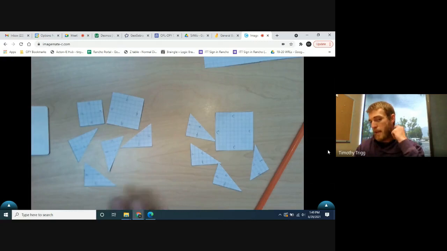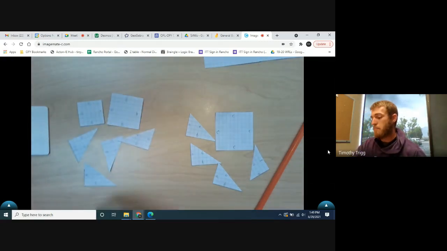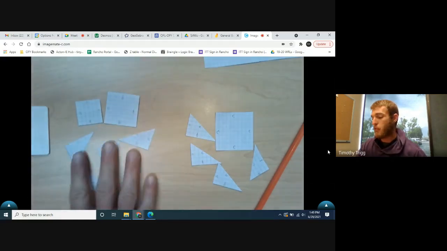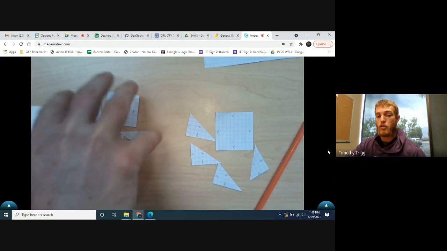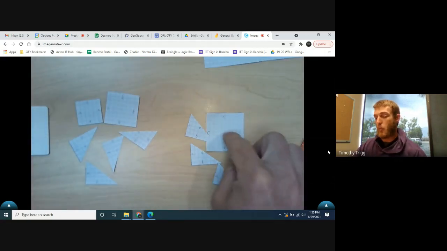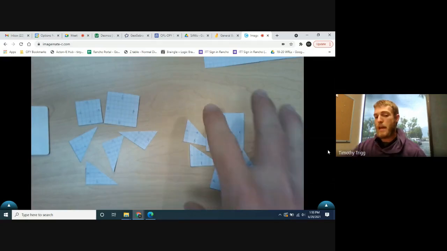We're going to use these 2 squares and 4 triangles to make a bigger square. Similarly, over here, we're going to use this big square and these 4 right triangles to make a bigger square.